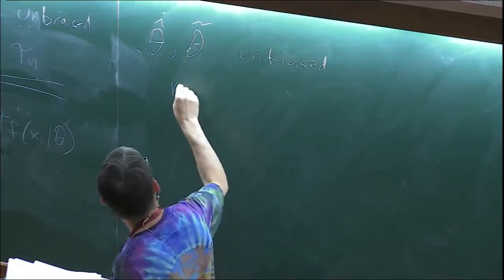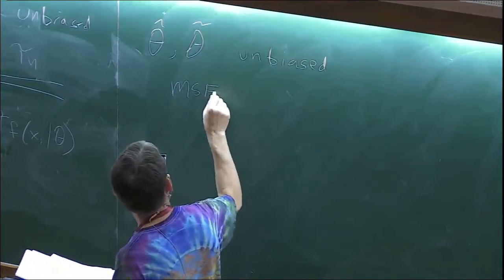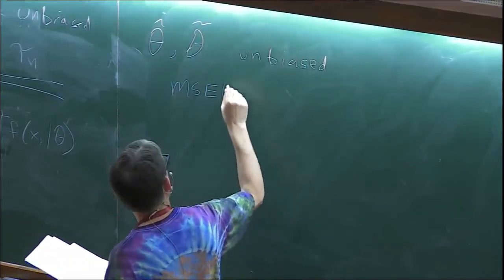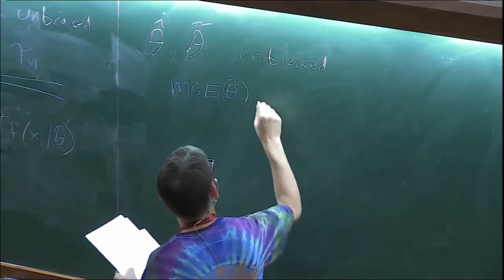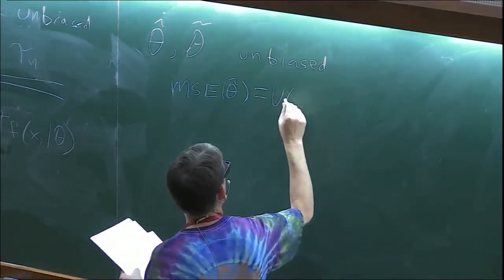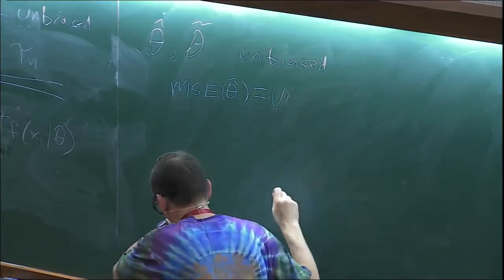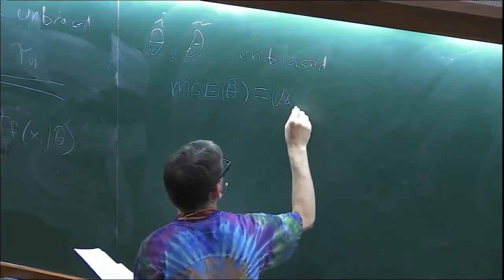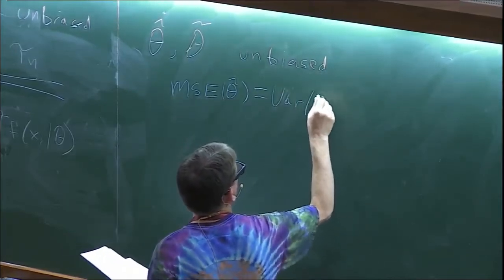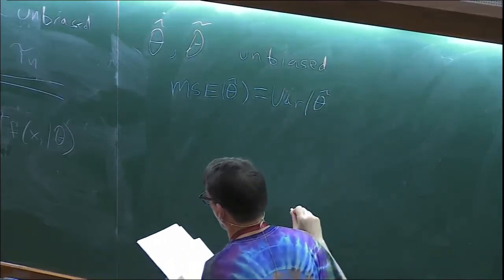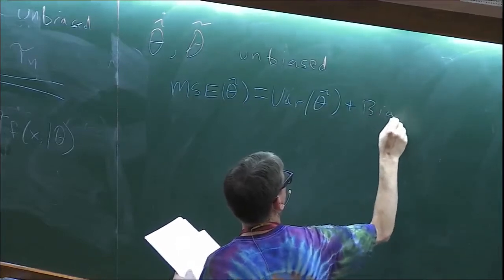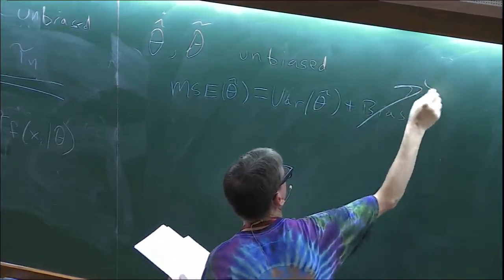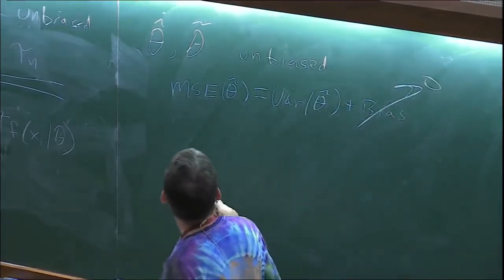Okay, so that means that the MSE of theta hat is going to be the variance of theta hat, plus the bias, which is 0.